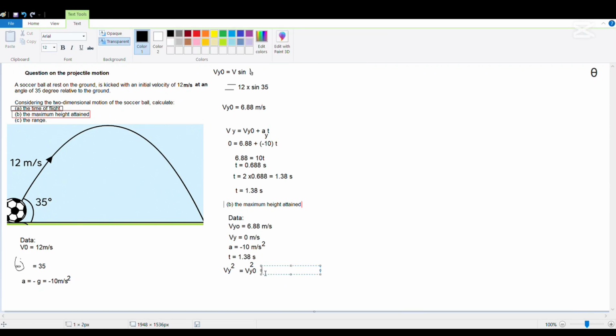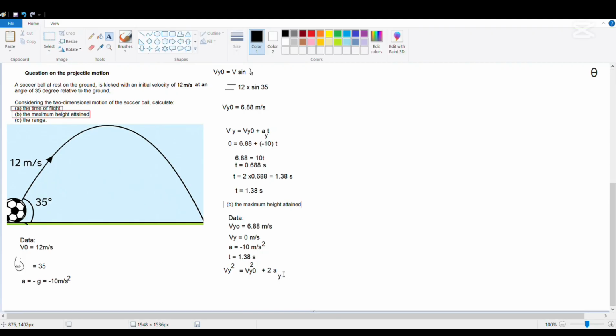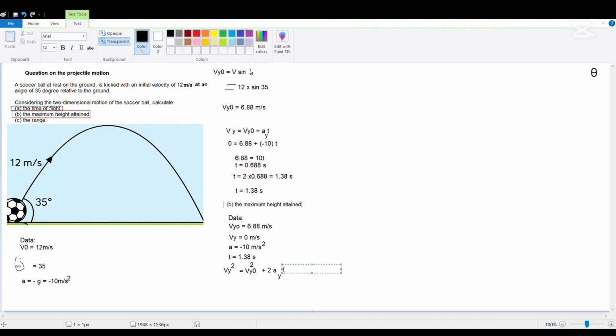So it means we have plus 2a here, and a is on the y-axis, and we have x or s, which should be y minus y naught.